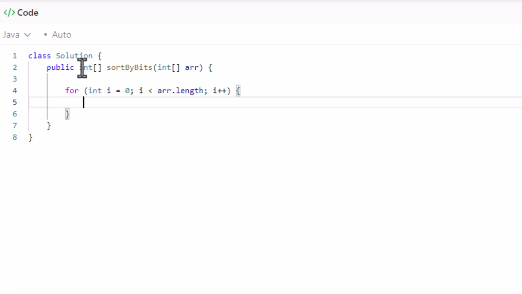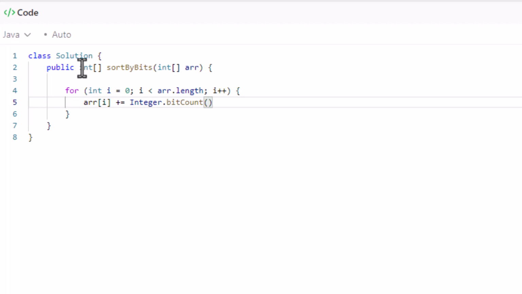What we're going to do here is convert these to their bit representation. So for each one, we do plus equals to add it to the existing list. We're going to use a function in Integer called bitCount.